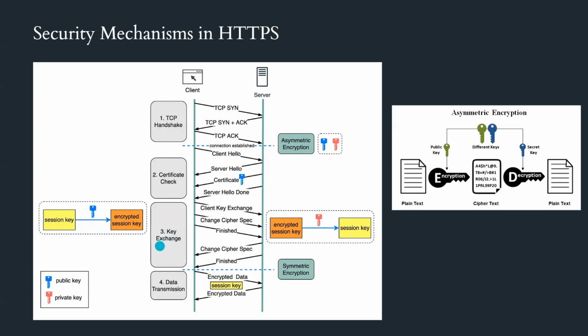Then that encrypted message will be sent to the server, and the server will decrypt it using the private key that the server has. Once this decryption is done, the session key is available to the server, and now it is available to both the client and the server, right?